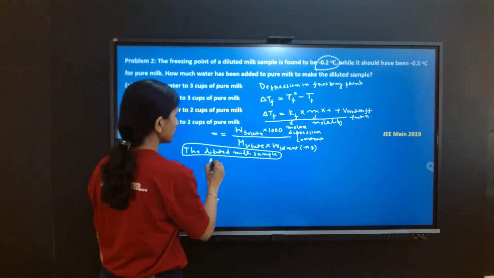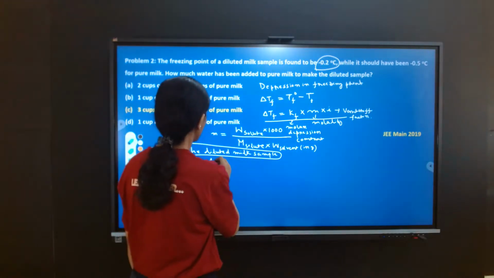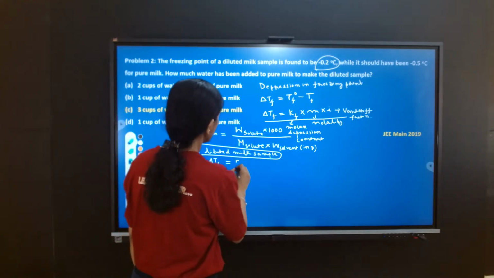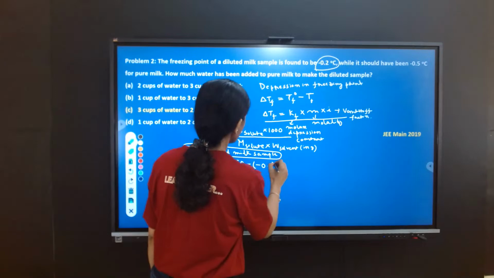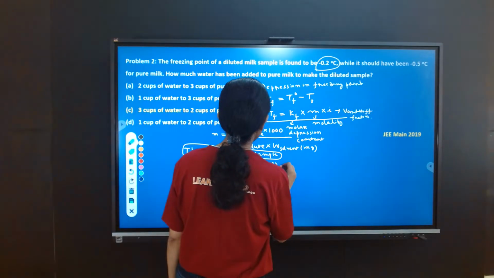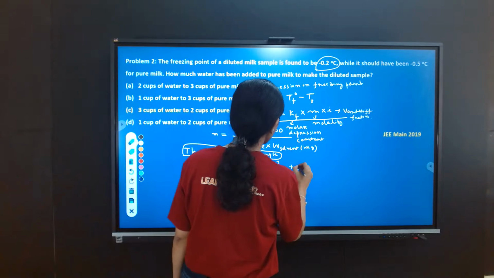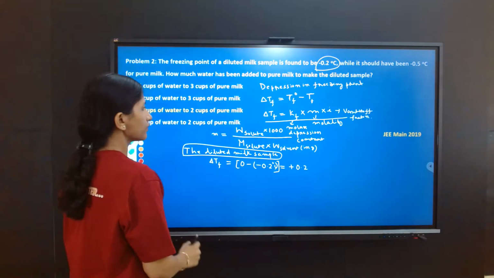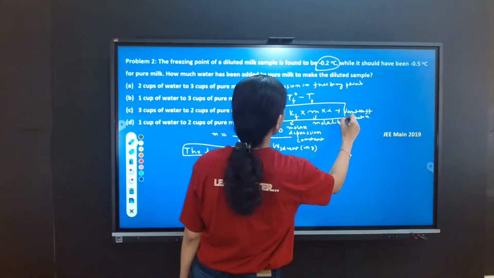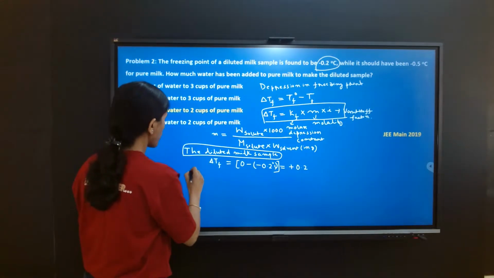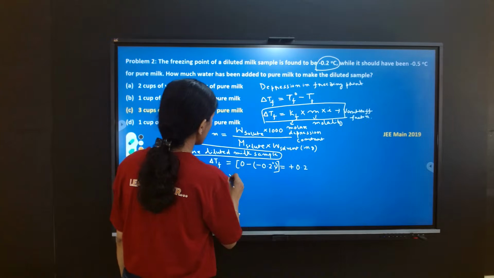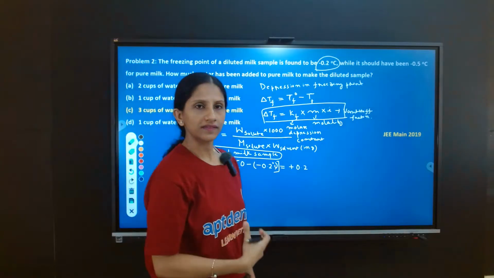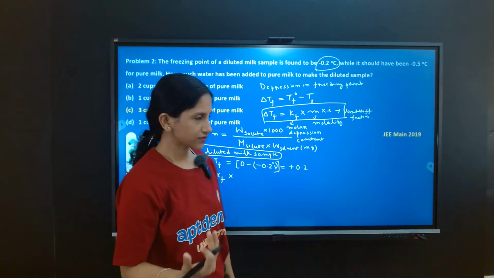Delta TF is equal to 0 minus of minus 0.2 degree C, which is equal to plus 0.2. Right? This is our delta T. So we will directly put this value in here. So 0.2 is equal to Kf times, because in this case milk is your solute and water is your solvent.